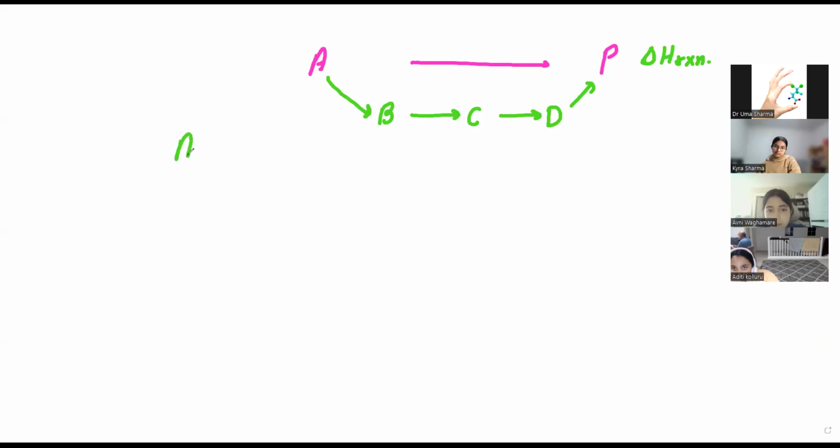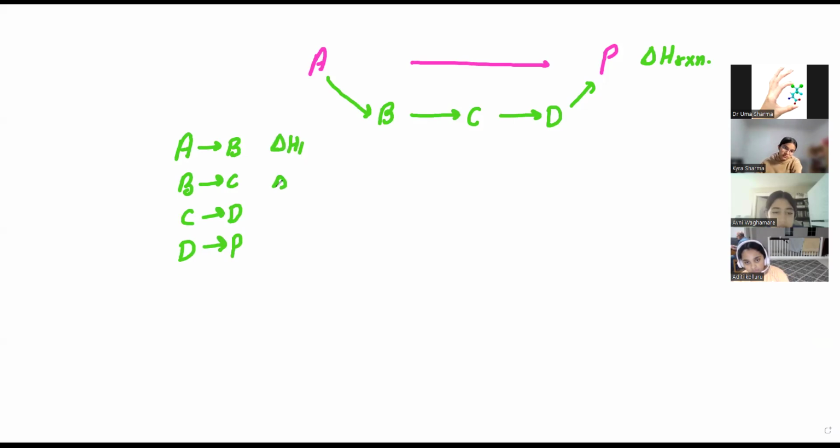I have delta H of every step: delta H1, delta H2, delta H3, delta H4.